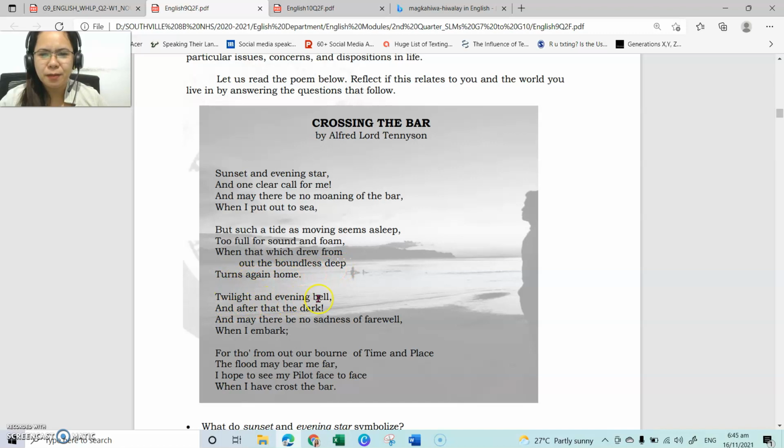Twilight and evening bell, and after that the dark, and may there be no sadness of farewell when I embark. For though from out our bourne of time and place, the flood may bear me far. I hope to see my pilot face to face when I have crossed the bar.